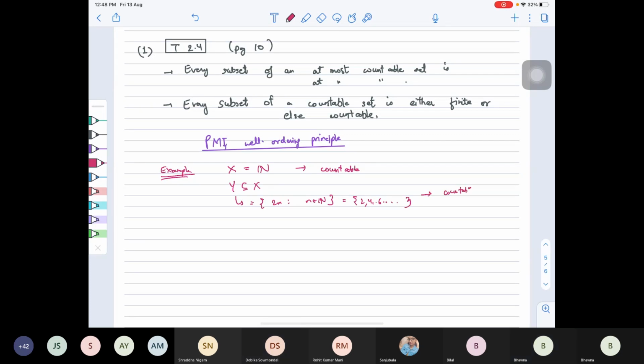You know that y is a proper subset of x, but y is actually equivalent to N, which is equivalent to x. So this is a proper subset, but it is equivalent to the set itself.